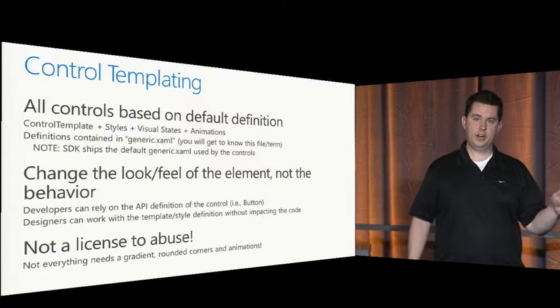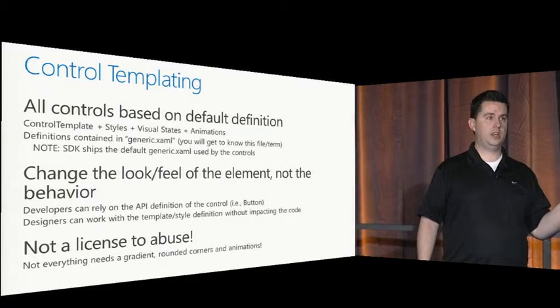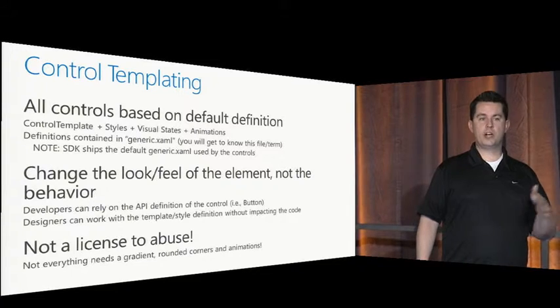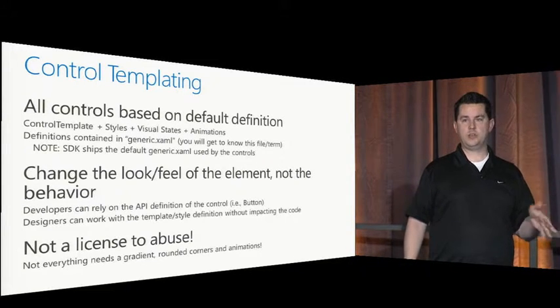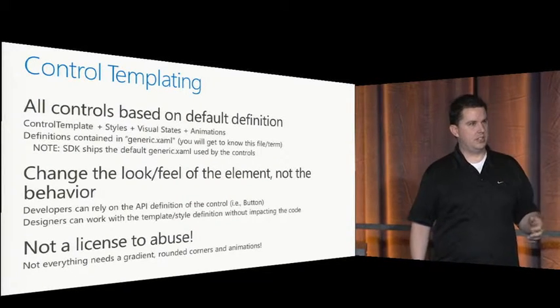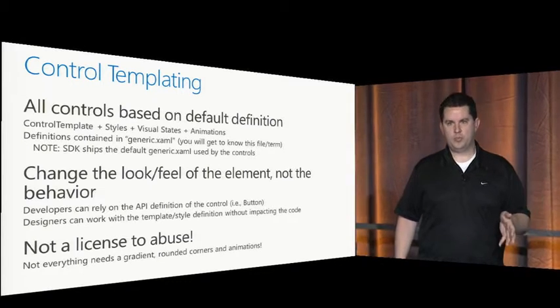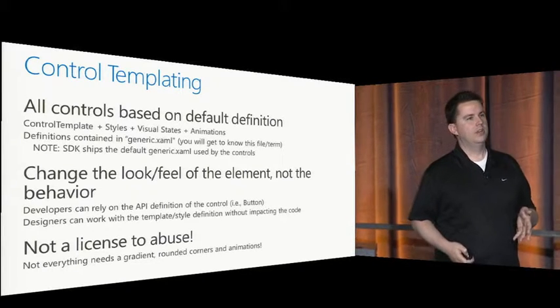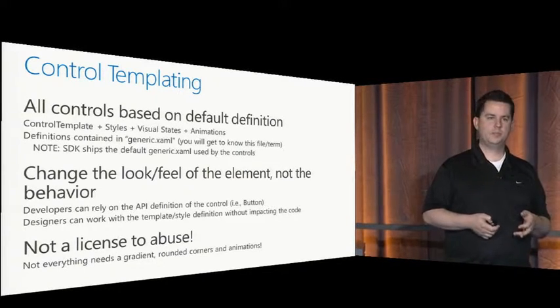We ship that dictionary as a resource in the Windows SDK. So if you want to see how we built our controls and how we style them and how we template them, you're able to do that. Now, you could open it up in Notepad as just a XAML file. Now, I don't know why you would open it up in Notepad, given the tools that we have for you as a developer and a designer.